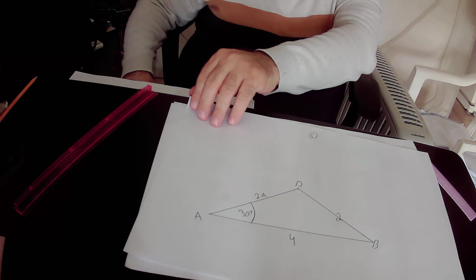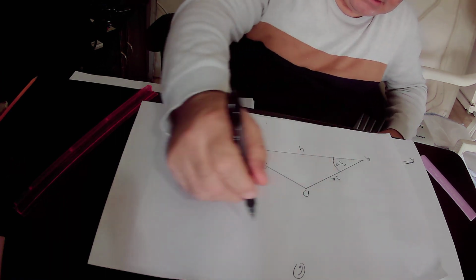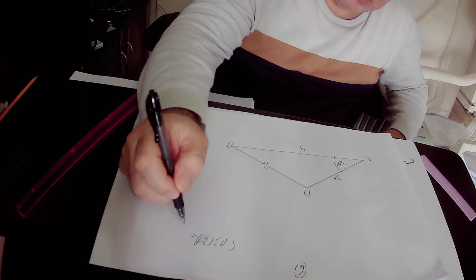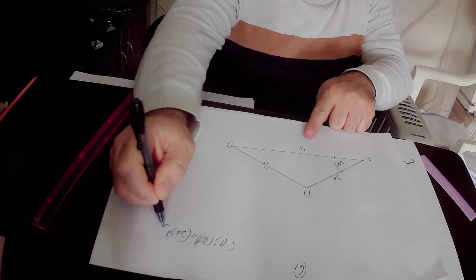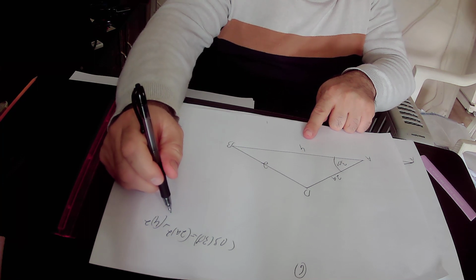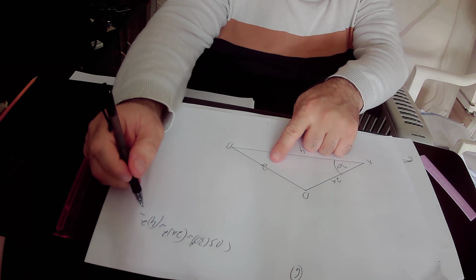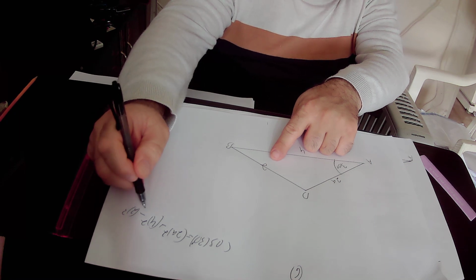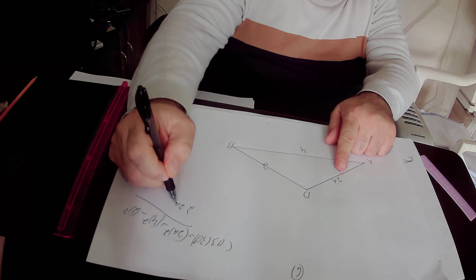According to the law of cosines, cosine 30 degrees equals to 2A square plus 4 square minus C square, that is actually 2 square, C square is DB square, that is 2 square, over 2 times AB. 2 times AB is 2 times 2A, and B is 4.